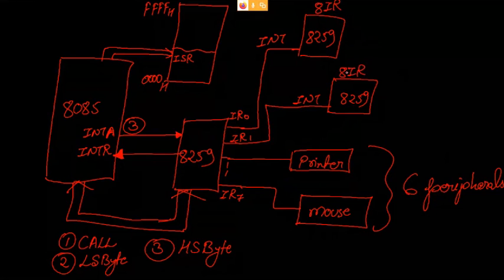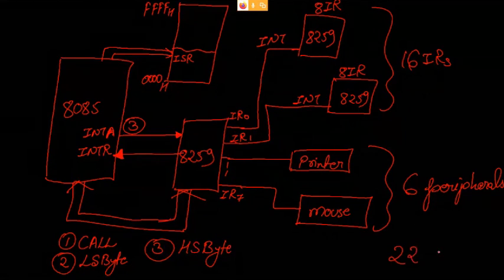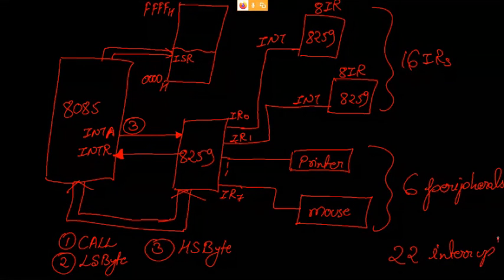So 8 plus 8, you can have 16 IRs from these two 8259s, which are the slaves, and 6 from the peripherals. So in total, in this scenario you can have 22 interrupts. So these are all your slaves.